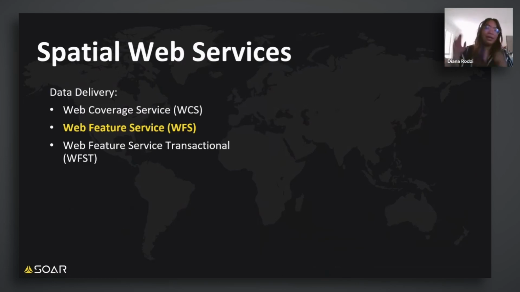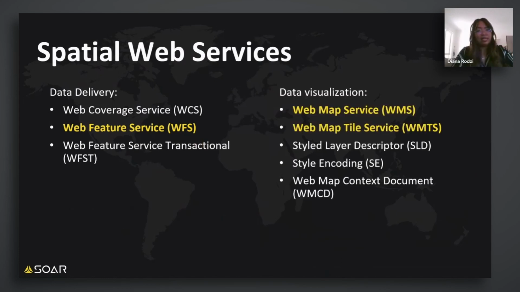And with that, it needs to have web-based services to support spatial information. So the main form of data delivery that is very widely used in the industry is web feature service. That service holds all of the data of that data set. And then how that data is actually visualized is through a different service.